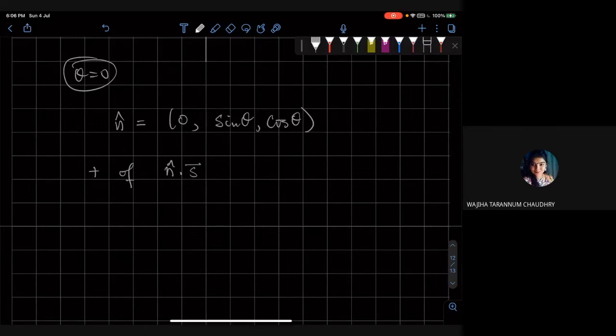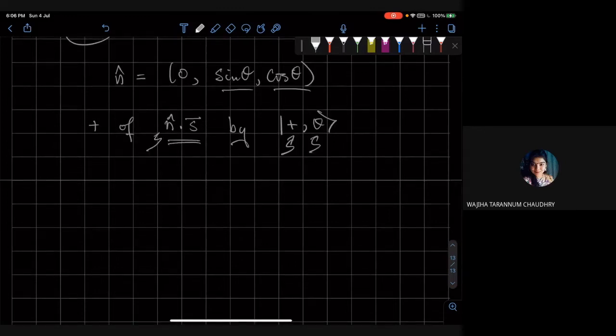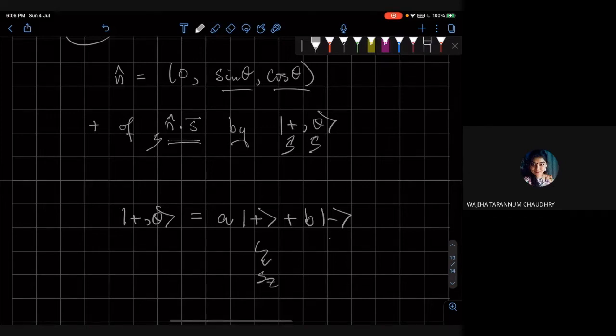So we want to denote the plus eigenvalue eigenvector of the n dot S operator by this symbol. This means that this is the plus half eigenvalue, and theta means that it is labeling this n vector in this way. This is our notation. We want to express this in terms of the bases that we know and love, the plus minus bases. These are the eigenbases of the SZ operator.